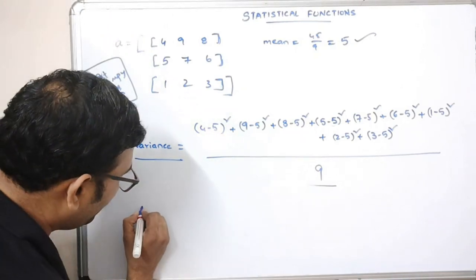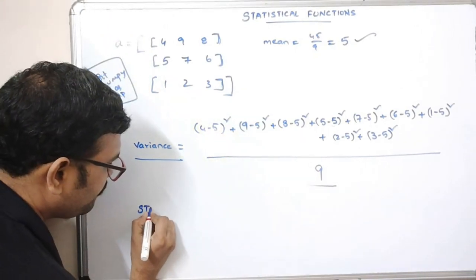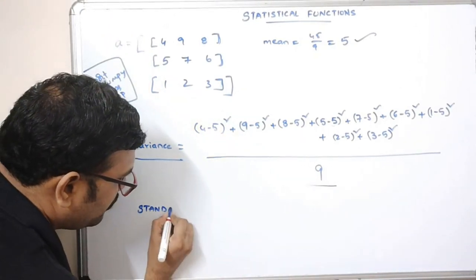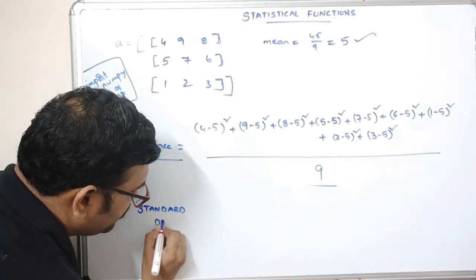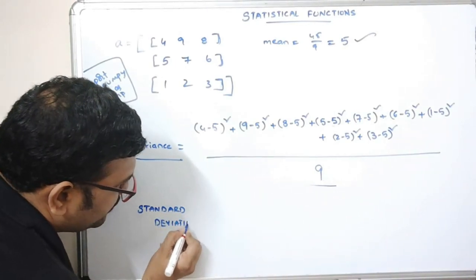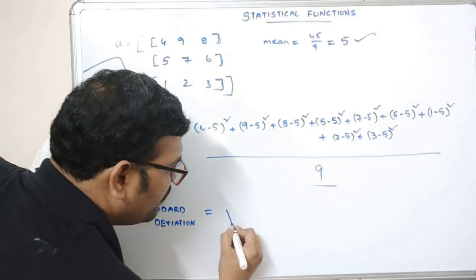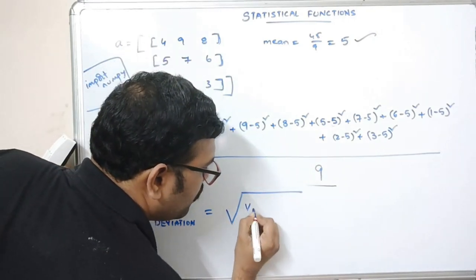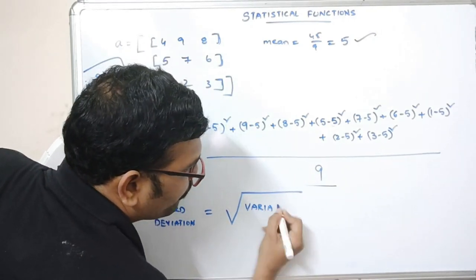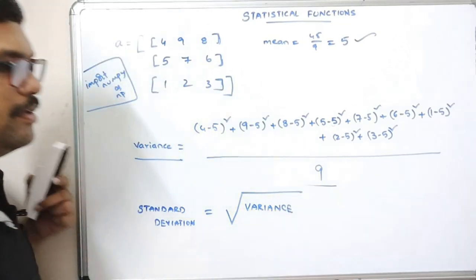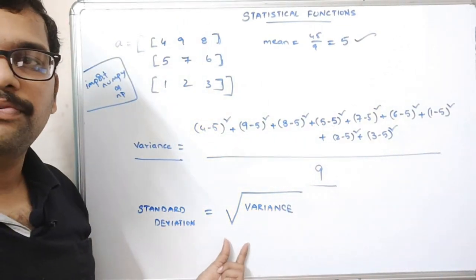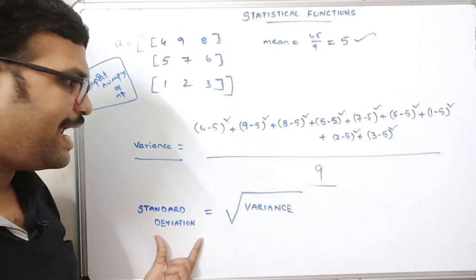And coming to the standard deviation, that is simply the square root of variance. That's nothing but the square root of variance. This gives the standard deviation.